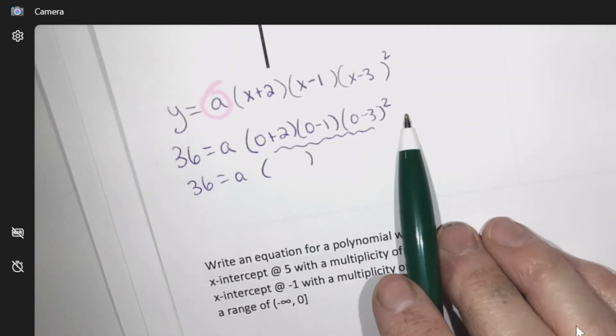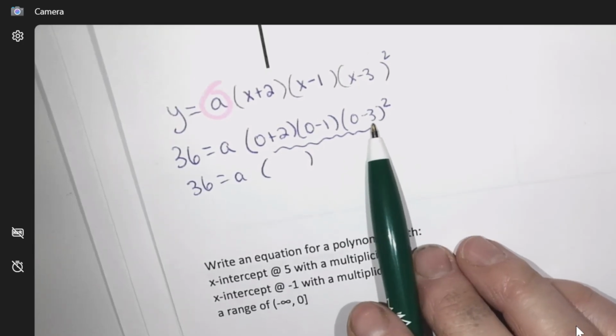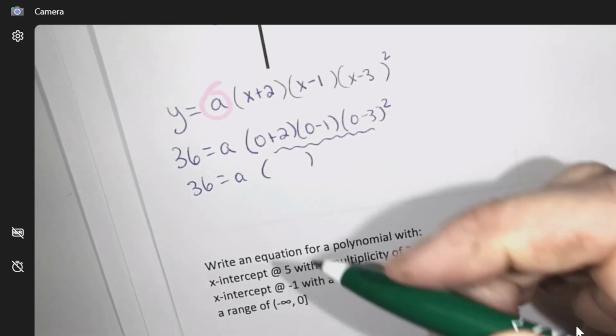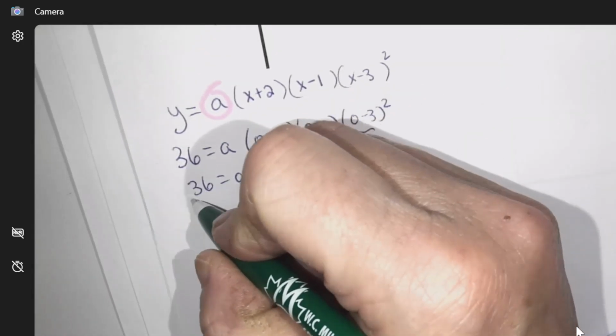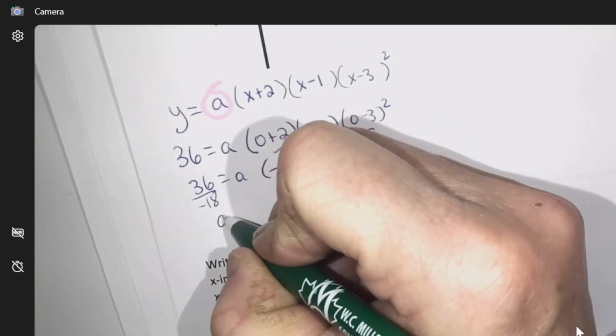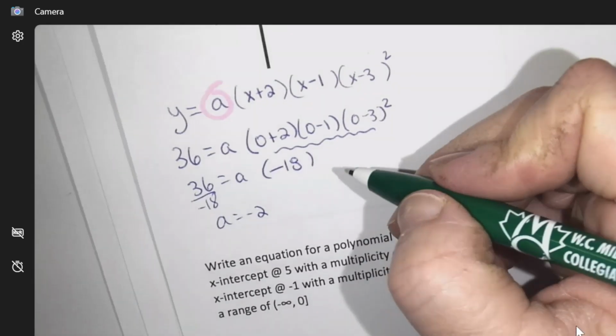What does all that multiply to? 2 times -1 is -2 times 9, so -18. So a equals -2.